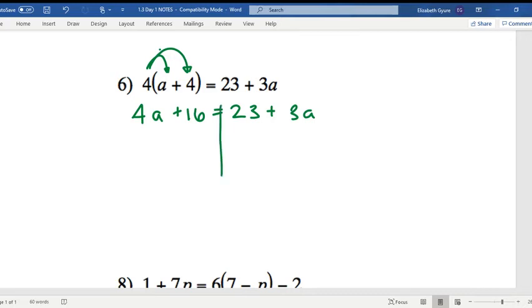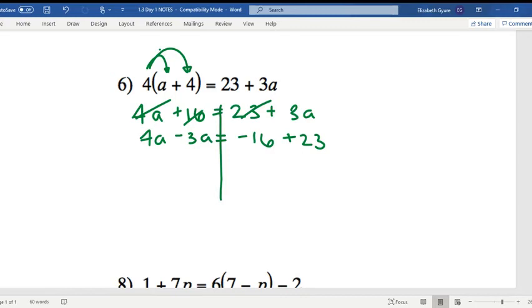How would I do that? Okay, yeah, we can move our 16 over, and if you want, you can subtract it from both sides too, Owen, it doesn't matter. So drop my 4A down, move my 16 over, make it negative. 23, we're gonna just drop down, and the 3A we're gonna move.